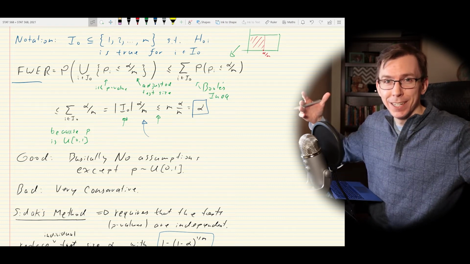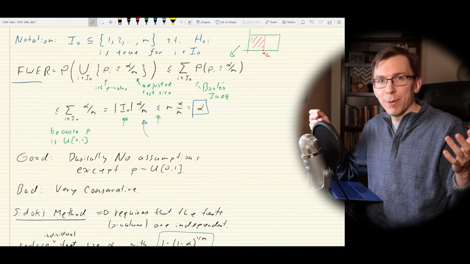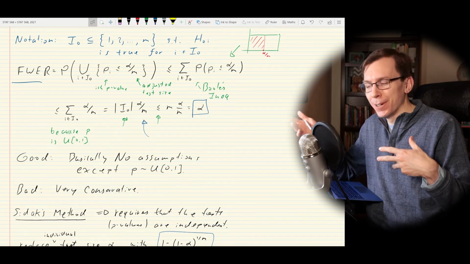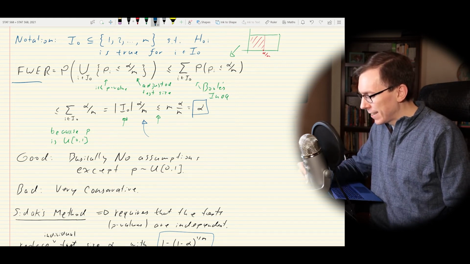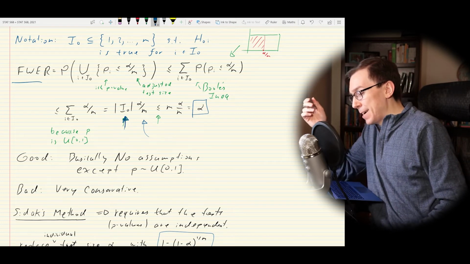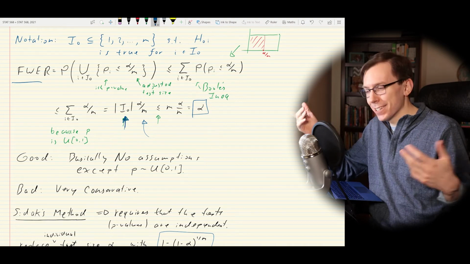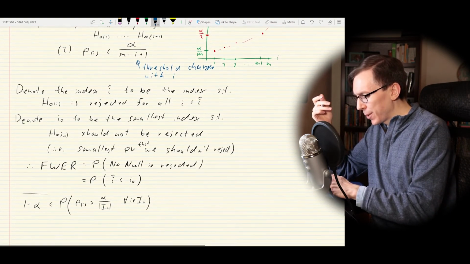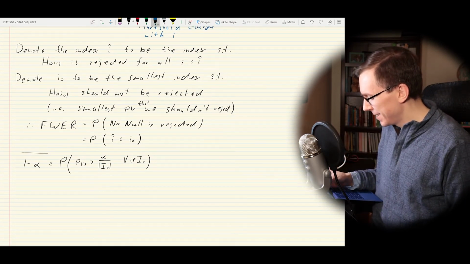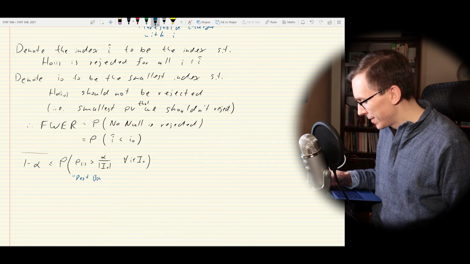M is the total number of hypotheses, but if half of them, say, are supposed to be rejected, we'd only want to divide by m over 2 to properly correct for this, because I need to cancel out this I naught that I'm multiplying by. So I could pick the smallest denominator possible to cancel that out, which is just I naught again. So going back down to where we are, I'm going to call this best Bonferroni.